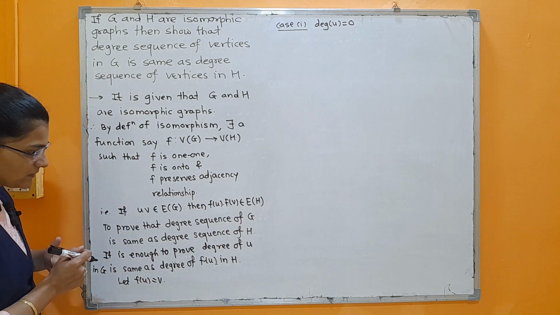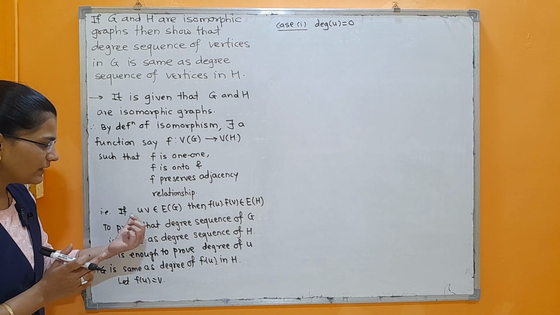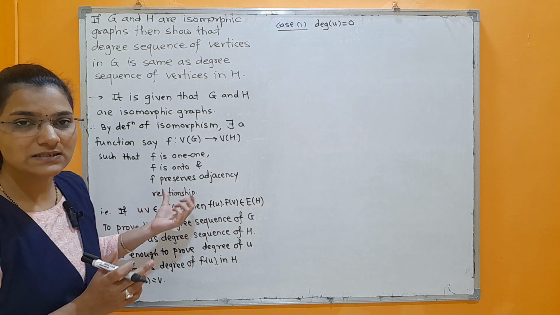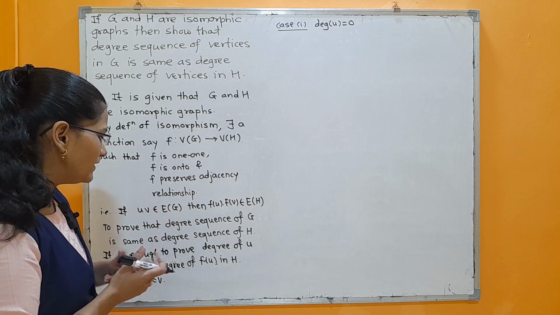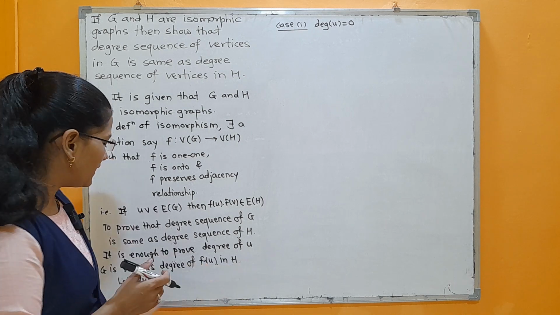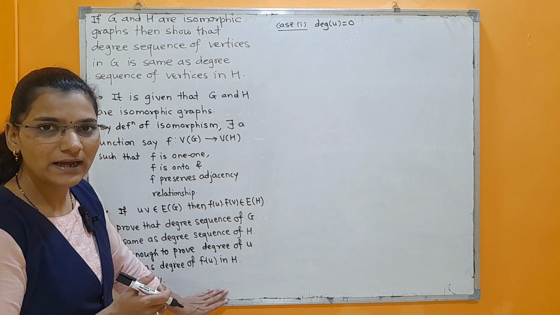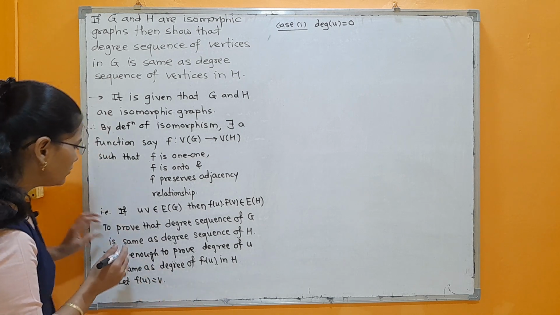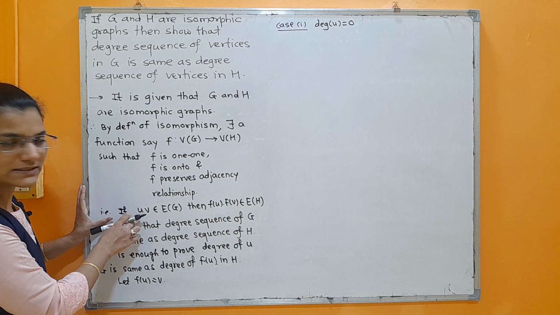Hope you are not confused between this uv and this uv. Here I have written arbitrary vertices u and v of an arbitrary edge e. And here we have considered u as a vertex of graph G and f of u is equal to v as a vertex of graph H. Here I have written only the meaning of f preserves adjacency relationship.